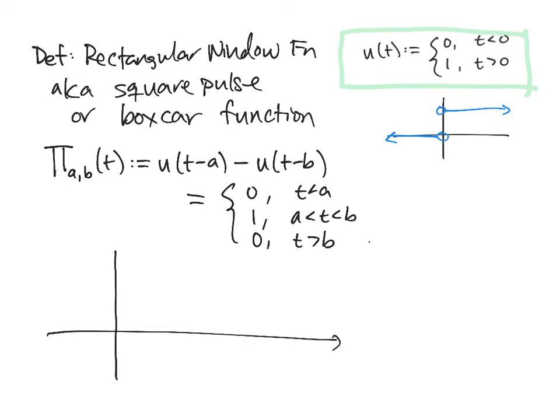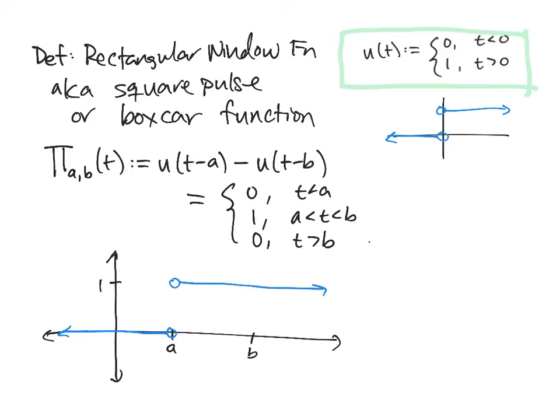Let's draw a big axis over here. And first we'll do, in blue, our u of t minus a. So let's say a is right here and b is right here. And u of t minus a, like we saw just before, is the unit function that's shifted over to a. So it's going to look like this.